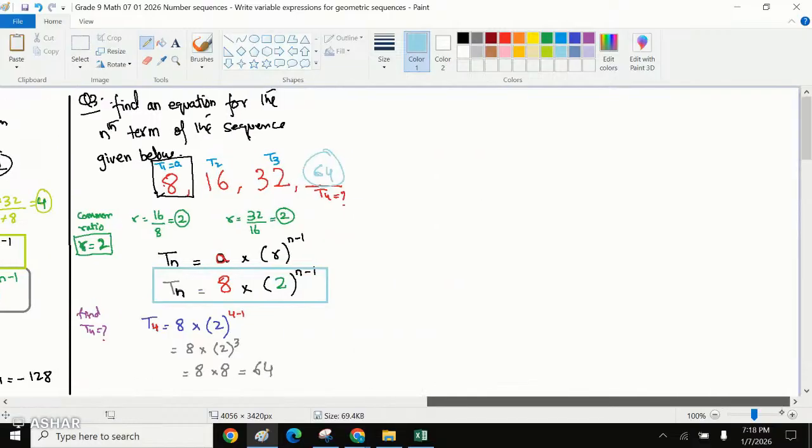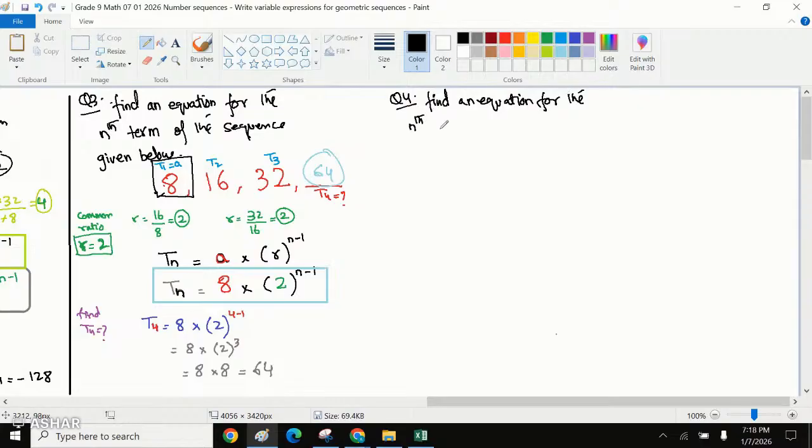Okay. Moving ahead to the next question, question number 4. Let's see what we can do in question number 4. We have the same questions on our screen. I'm just moving ahead, right? The next question again says find an equation for the nth term.